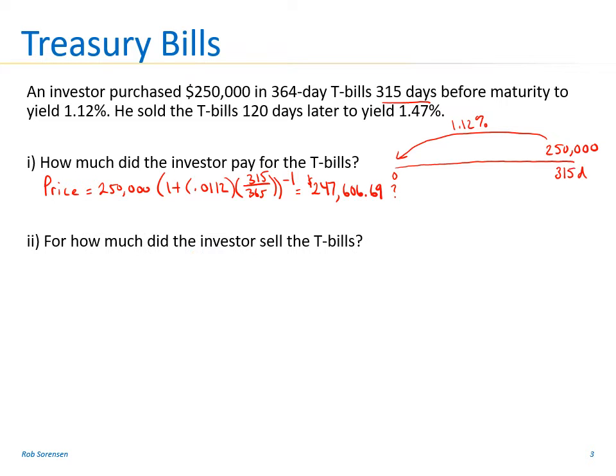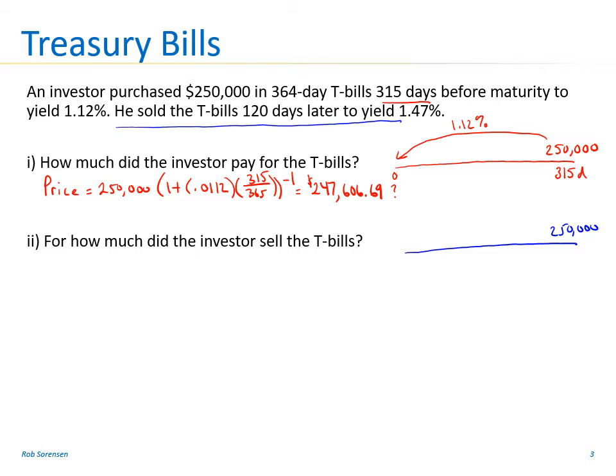Let's keep going with it. We keep going and read the question, and we get into the second part here. I just underlined it in blue for you. He sold the T-bills 120 days later. So how much did he sell the T-bills for? Well, let's draw a little timeline again for this one. Remember, these are $250,000 T-bills, so that's what everyone's all excited about.